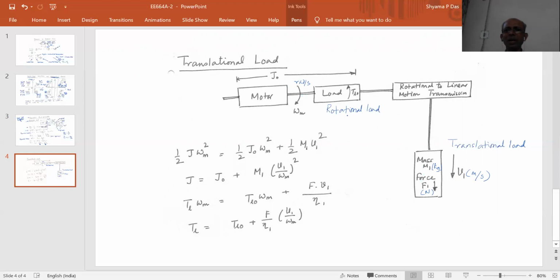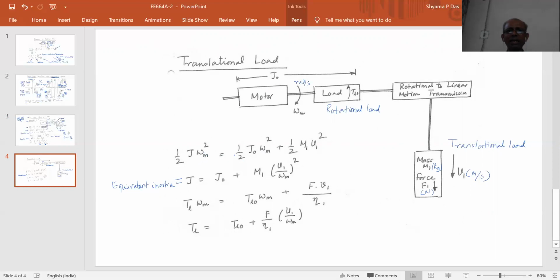The angular speed is in radian per second, but the linear speed is in meter per second. So we have a rotational load, a translational load, and a mechanism for rotational to linear motion conversion. Let us find the equivalent inertia. The motor is a rotational system, so we are trying to find the equivalent inertia J. The total kinetic energy of the entire system is half J omega m square.